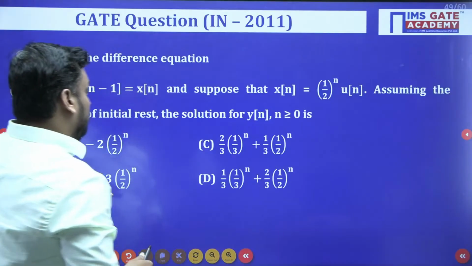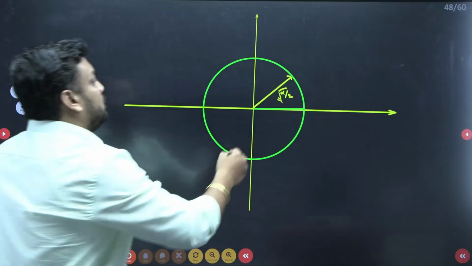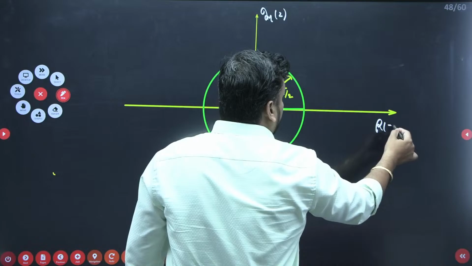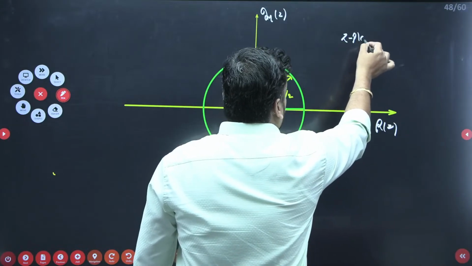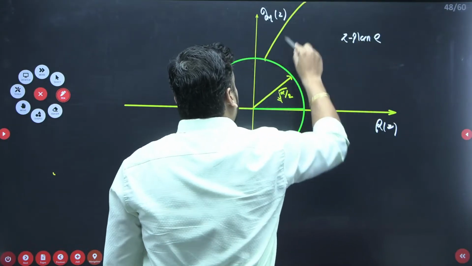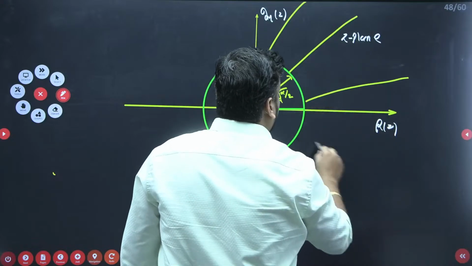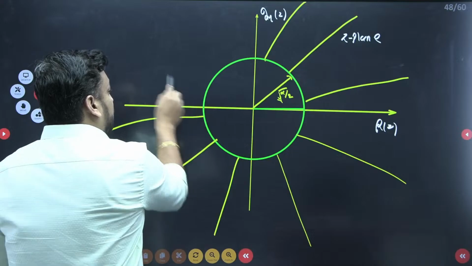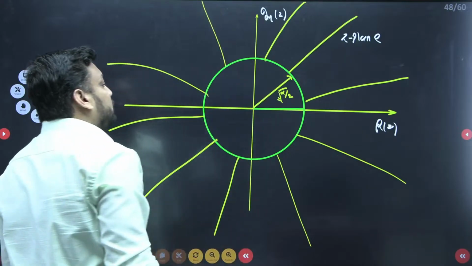The ROC is outside. This is the imaginary part of Z and this is the real part of Z. This is my Z plane and my ROC is outside only.